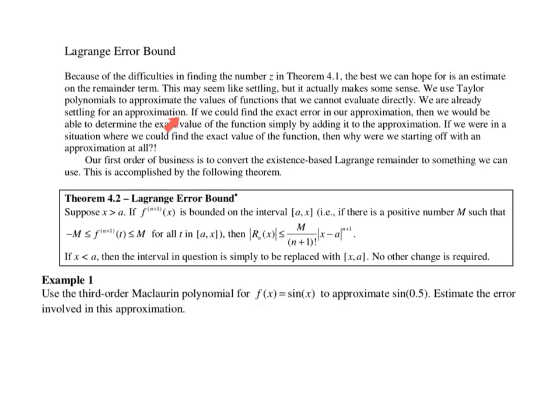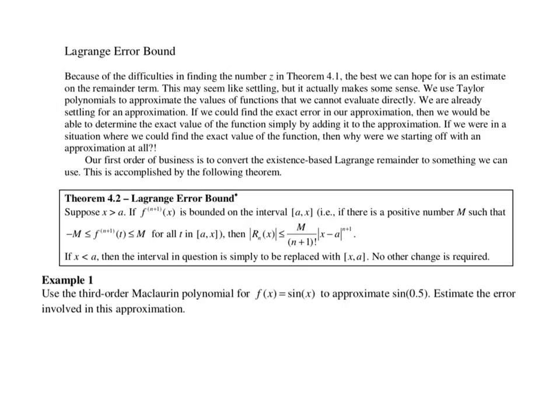We're already settling for an approximation. If we could find the exact error in our approximation, then we would be able to determine the exact value of the function simply by adding it to the approximation. If we were in a situation where we could find the exact value of the function, then why were we starting off with an approximation at all?